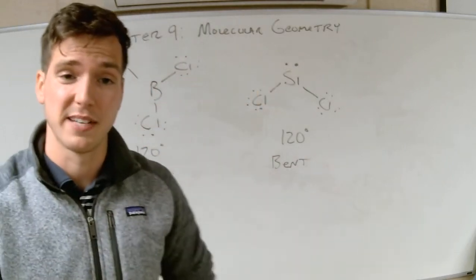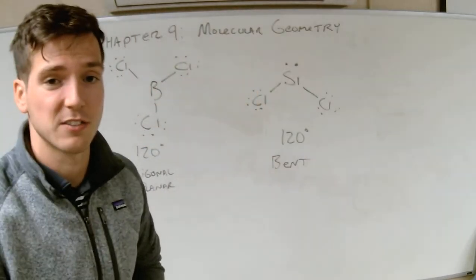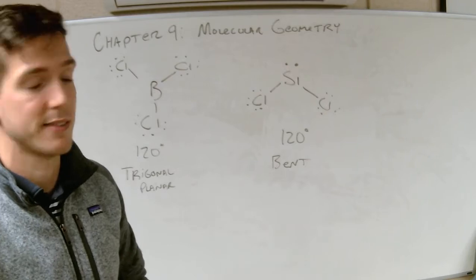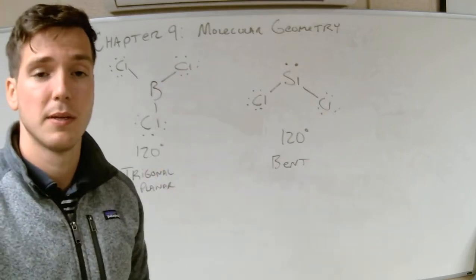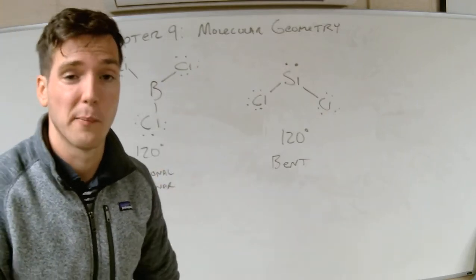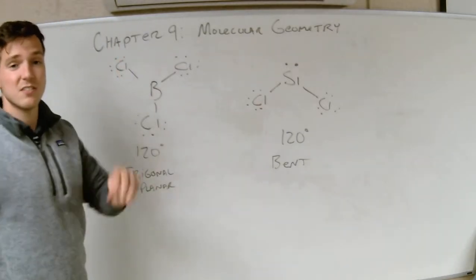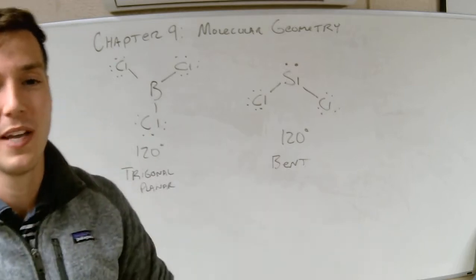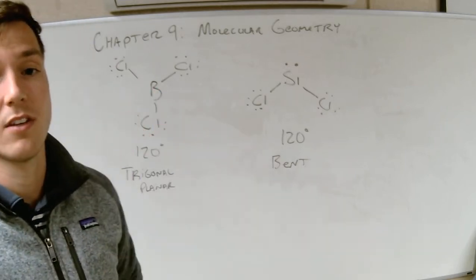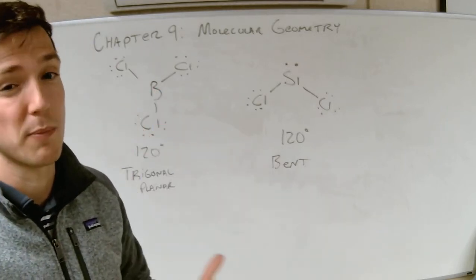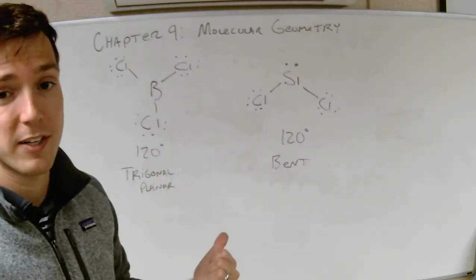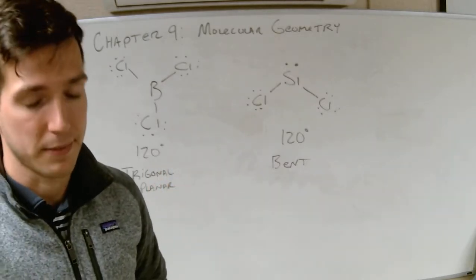Those atoms bent downward because of the lone pair on the central atom. That guy would end up being polar because he's got a lone pair on the central atom. The only thing that's the same about those two is that they have 3 domains, so that gives them 120 degrees, but the shapes can be different. You could run into trigonal planar, or you could run into bent.